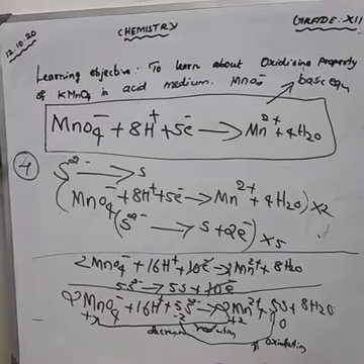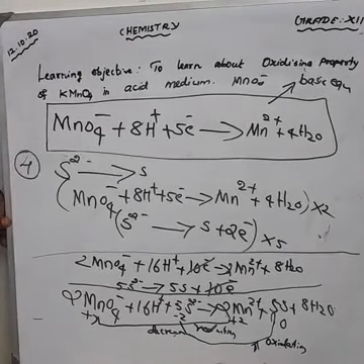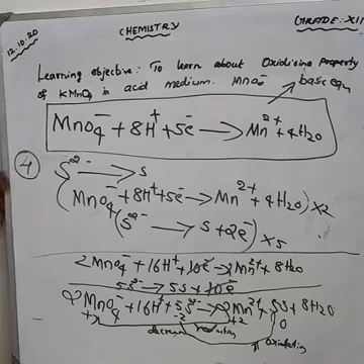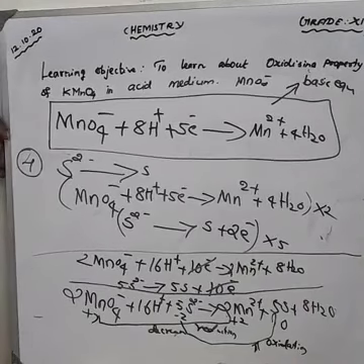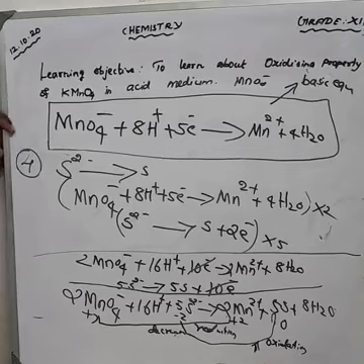The overall reaction is 2MnO4⁻ + 16H⁺ + 5S²⁻ gives 2Mn²⁺ + 5S + 8H2O. Clear? As per the textbook, only the overall reaction is given.